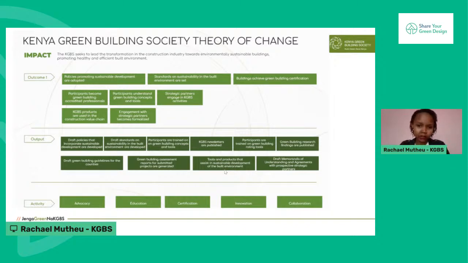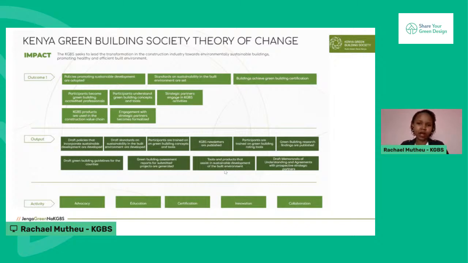Just as a way of highlighting them, we have our Jenga Green Library, which is a green products, green materials and services directory, a one-stop shop within the Kenyan environment for anyone within the development space, be it a home builder or a developer who wants to bring up a sustainable project.